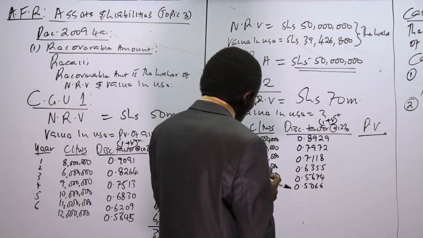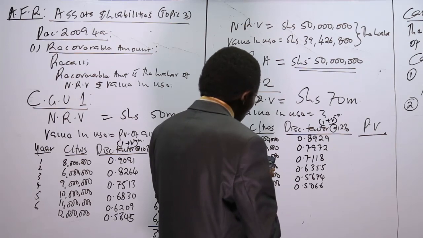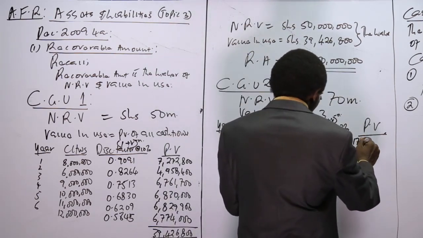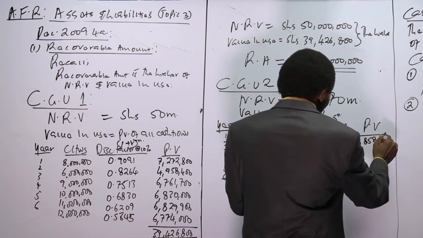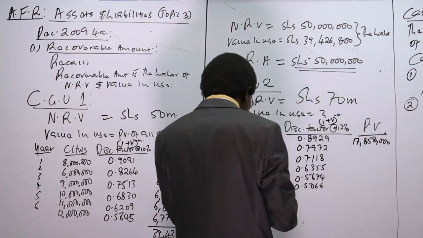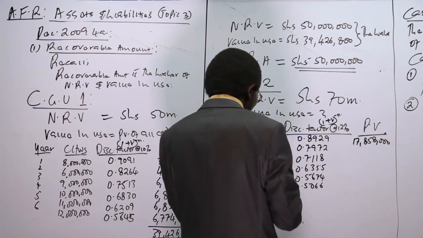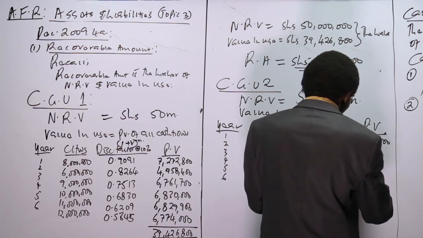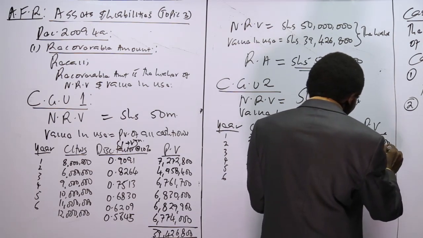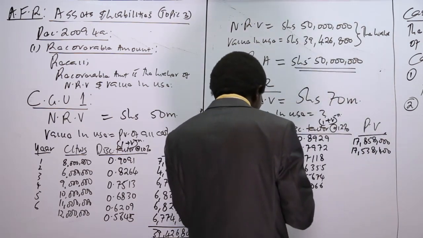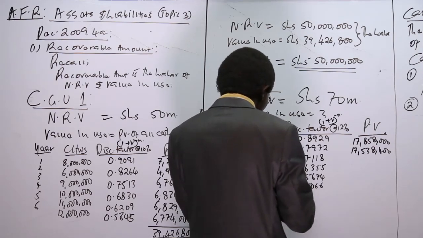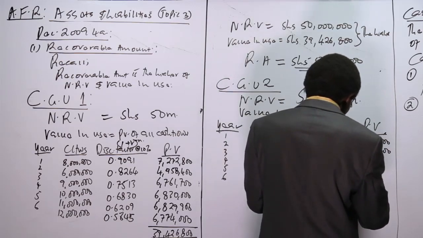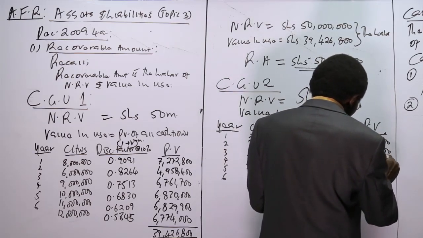20 million by 0.8929, we have it as 17,858,000. Then 22 million by 0.7972 is 17,538,400. Then 27 million by 0.7118 is 19,218,600.